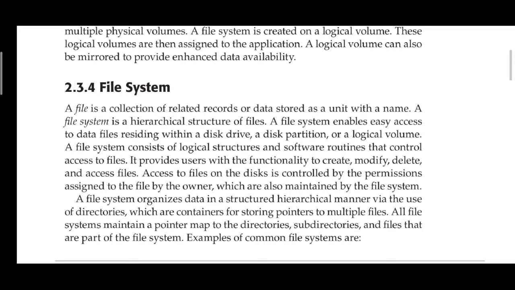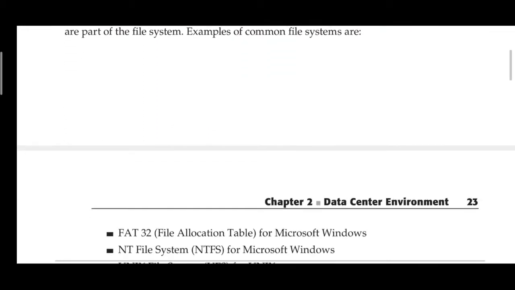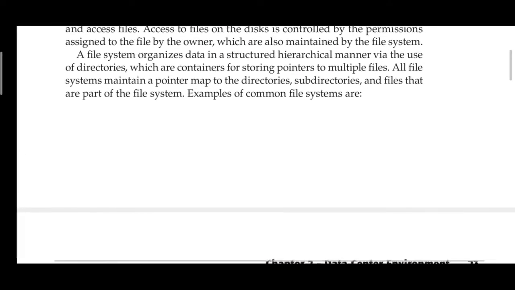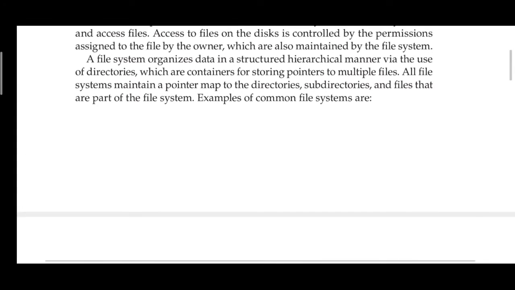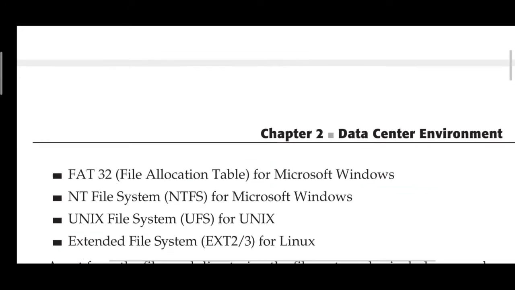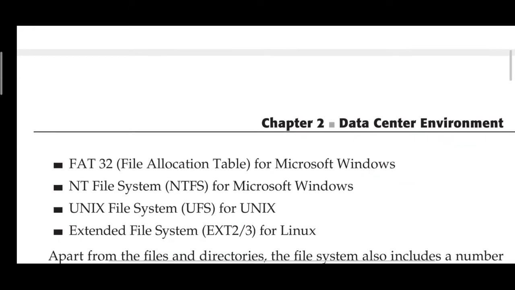The file system organizes the data in a structured hierarchical manner via use of the directories. So this is important. Via use of the directories, file system will be organized hierarchically. So they will be having a directory, subdirectory, and so on. Different file systems are listed here.